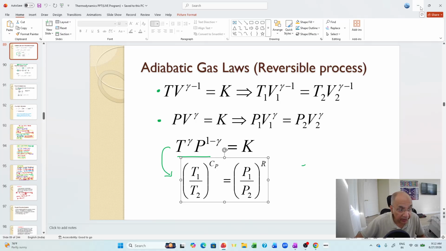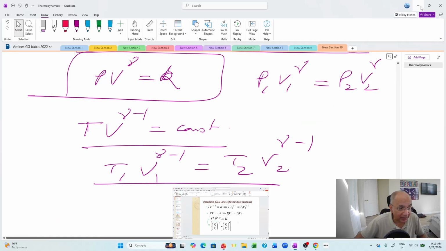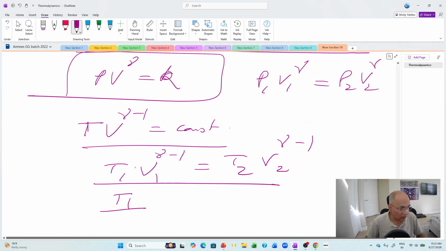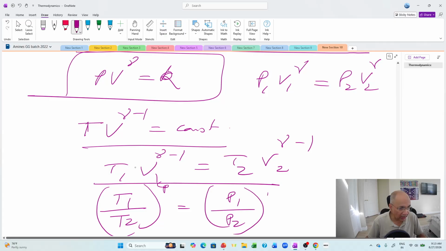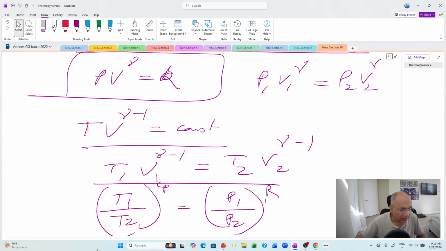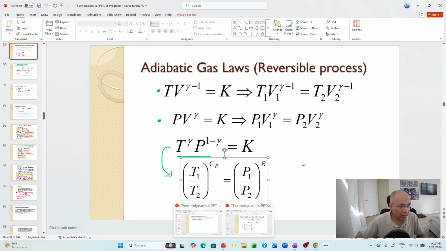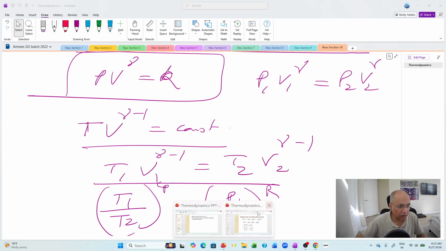Which power is Cp, which power is R, I used to forget. T1 by T2 to the power Cp is equal to P1 by P2 to the power R. Yes or no, or opposite?